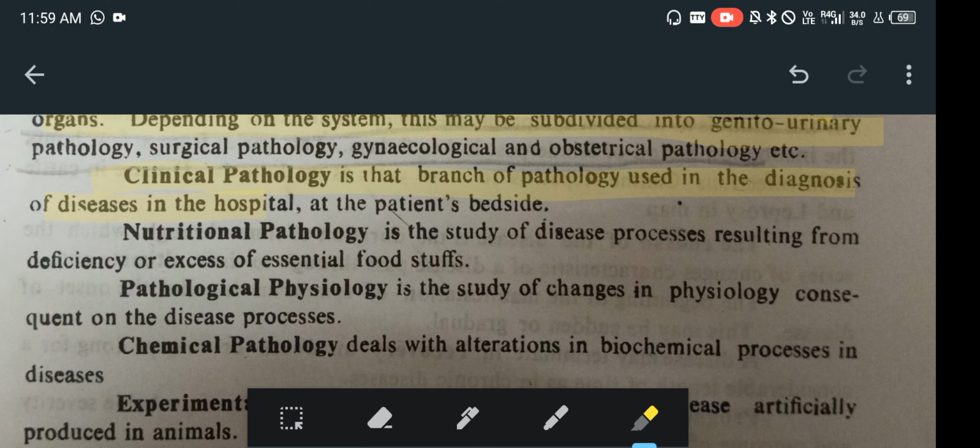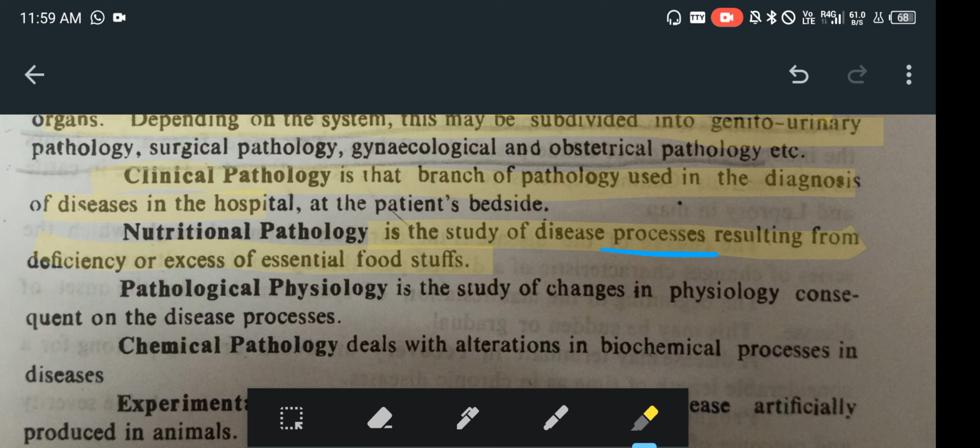Now nutritional pathology is the study of disease processes. Focus on the word processes, which result from the deficiency or excess of essential foodstuffs. We have already studied deficiency diseases like beriberi, rickets, goiter.